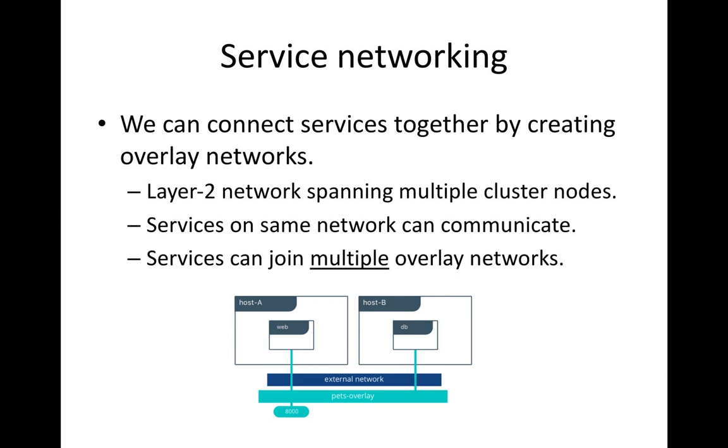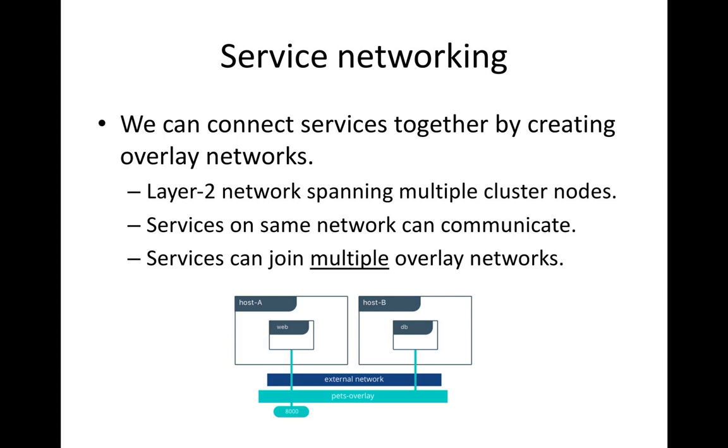And what an overlay network does is it basically allows you to create a layer 2 network, which spans multiple cluster nodes. Because remember, Docker containers are basically running within a private network. And in the case of a Swarm cluster, we're not just dealing with a single EC2 instance, we've got multiple EC2 instances.